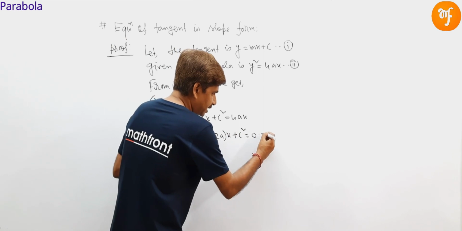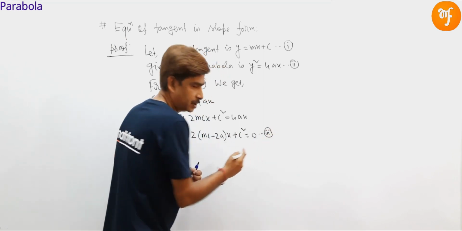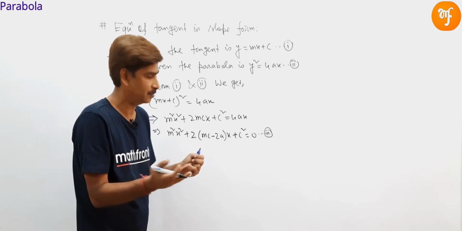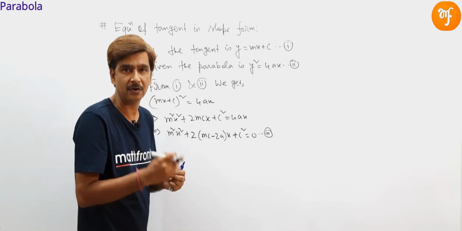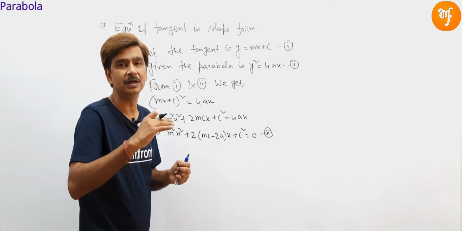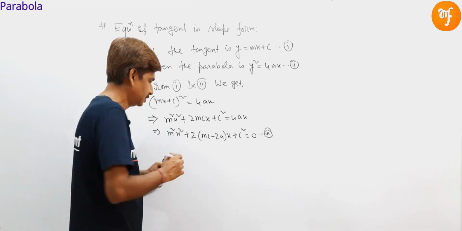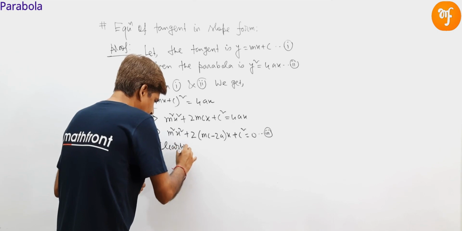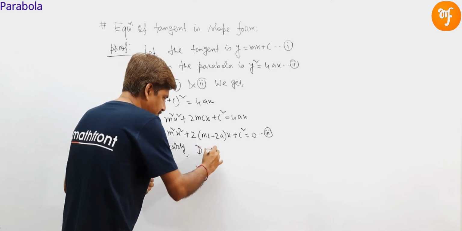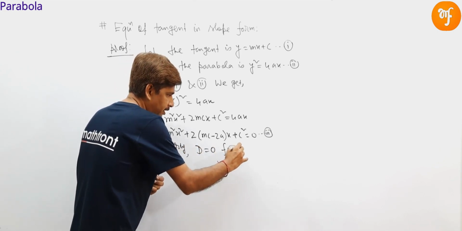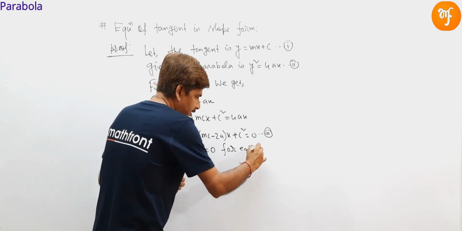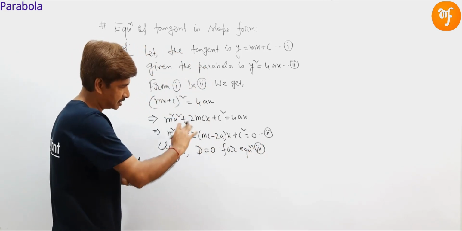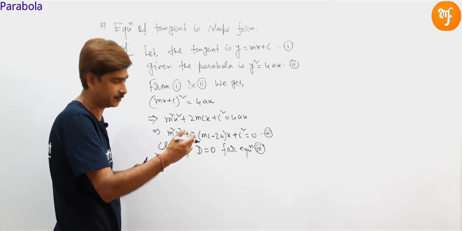Now, if we give the name of this equation as 3, so equation 3 has discriminant equal to 0. Why? Because this equation must have only one root, that is two real and equal roots. So, clearly D is equal to 0 for equation 3. So, applying D equal to 0, what is the discriminant? It is b square minus 4ac form.